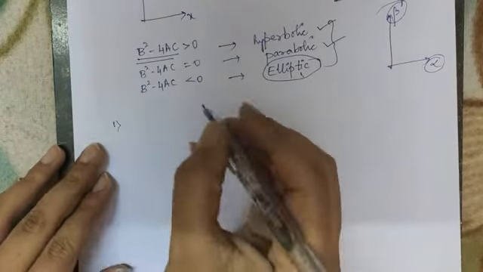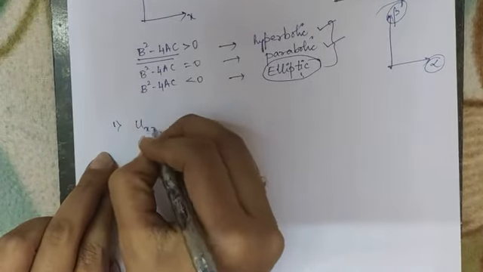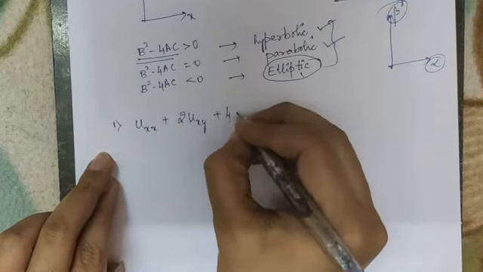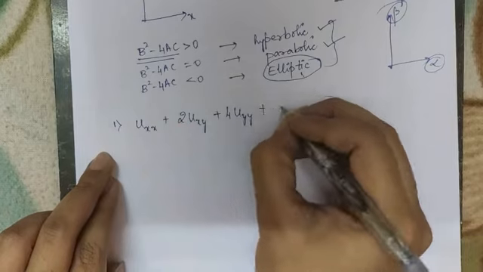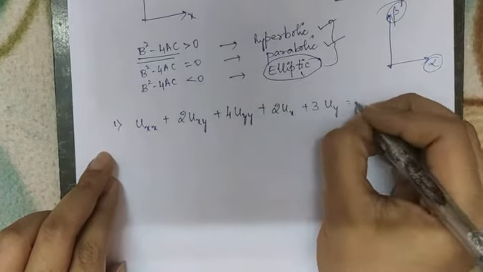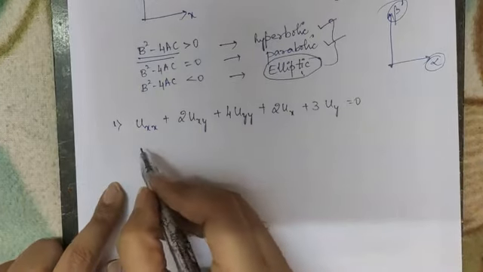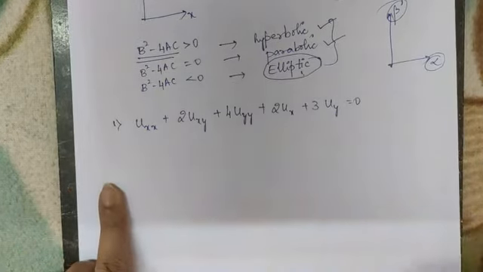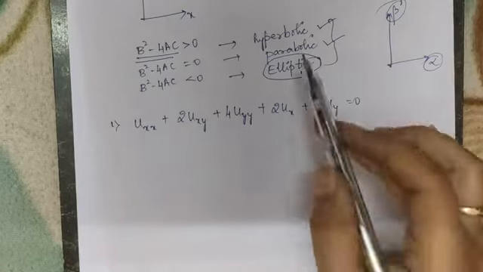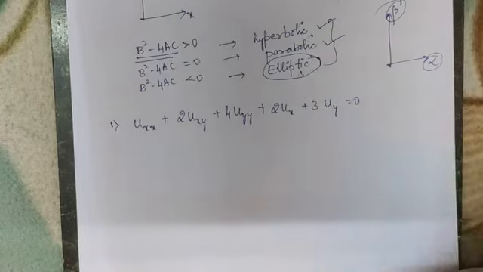The first problem I have considered is u_xx plus 2u_xy plus 4u_yy plus 2u_x plus 3u_y is equal to 0. This is the given partial differential equation. First, I have to find out whether it is hyperbolic, parabolic or elliptic.